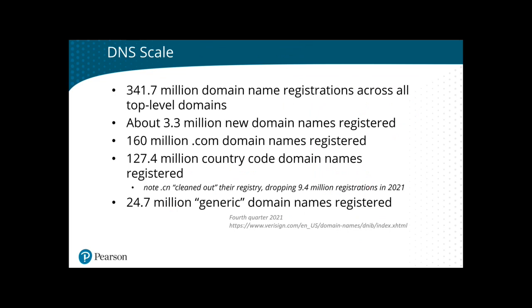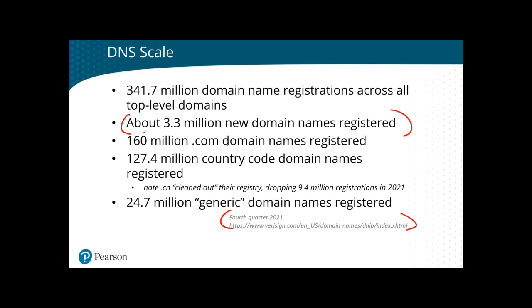To give an idea of scale, 341.7 million domain names registered across all top-level domains. This is in the fourth quarter of 2021. I did check to see if there was a later one when I built these slides, but I'm not sure they've come out with the 2022 numbers yet, but you can always look at verisign.com for the more recent numbers.